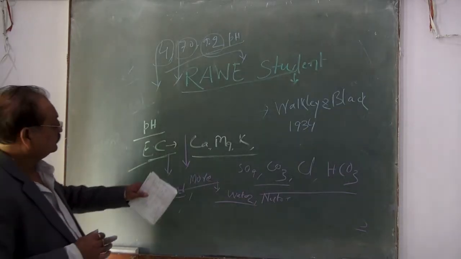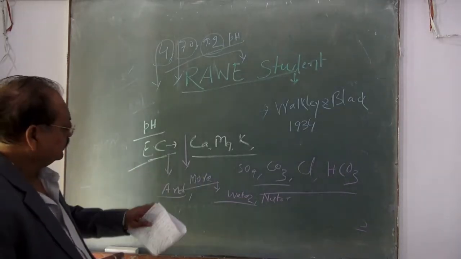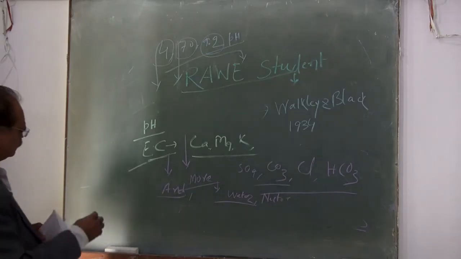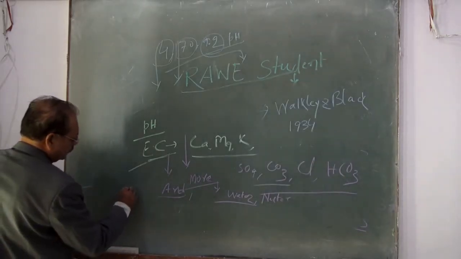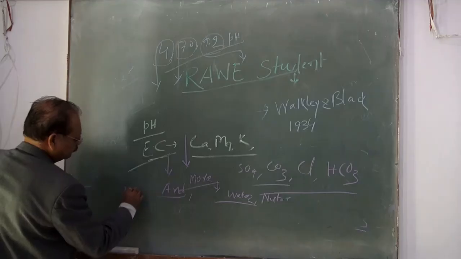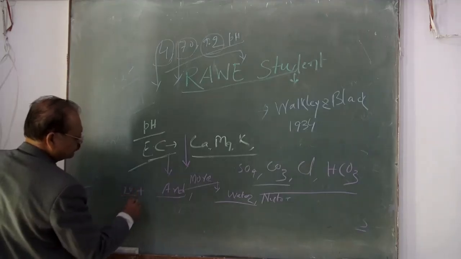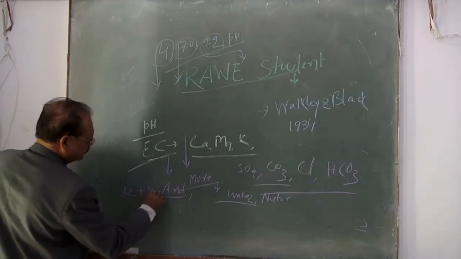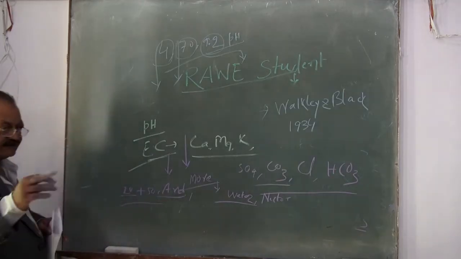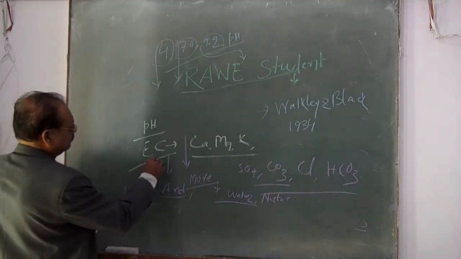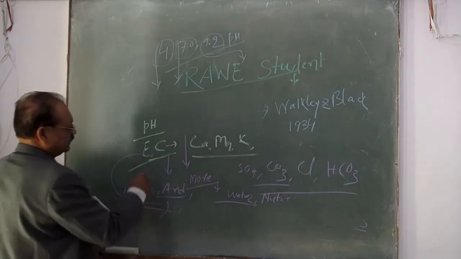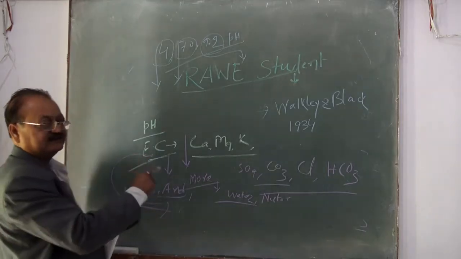So this is EC. In EC, nothing much you have to do. You take 20 gram soil samples, add 50 cc distilled water, stir it and take the reading with the help of an electrical conductivity meter, the EC meter.